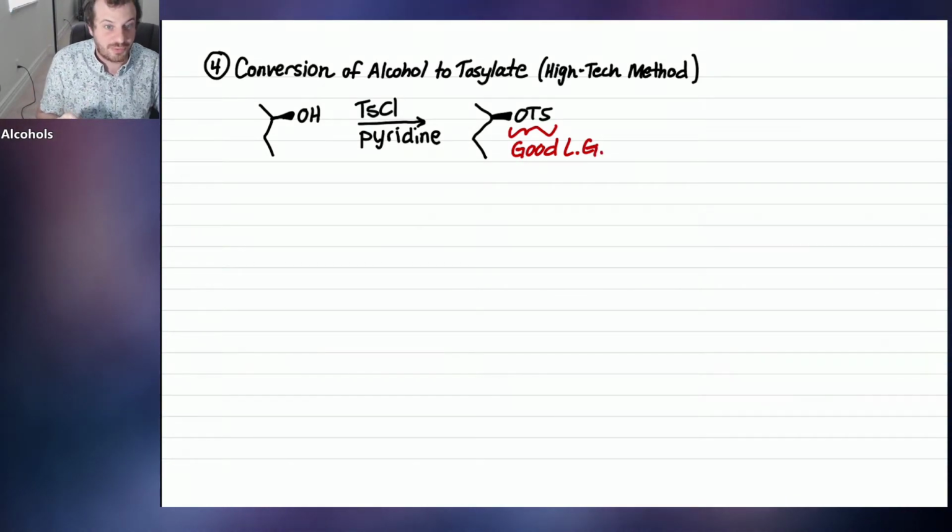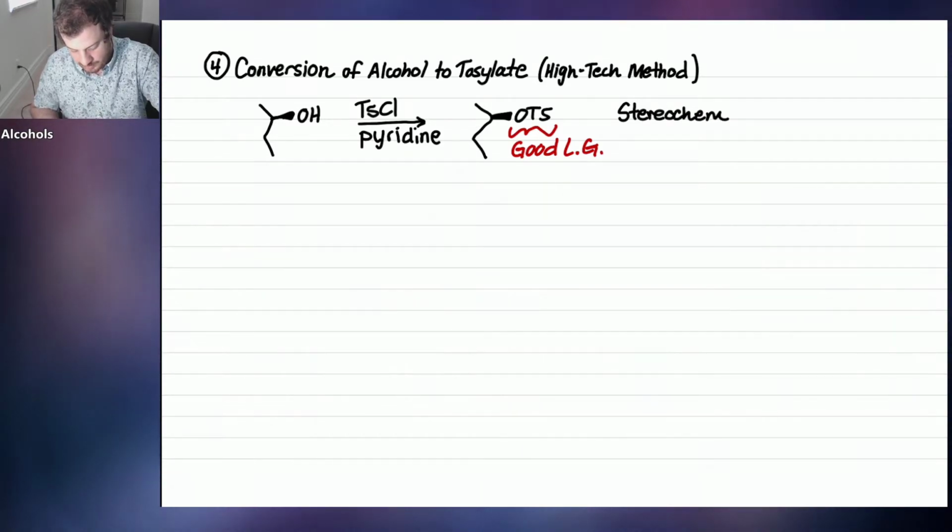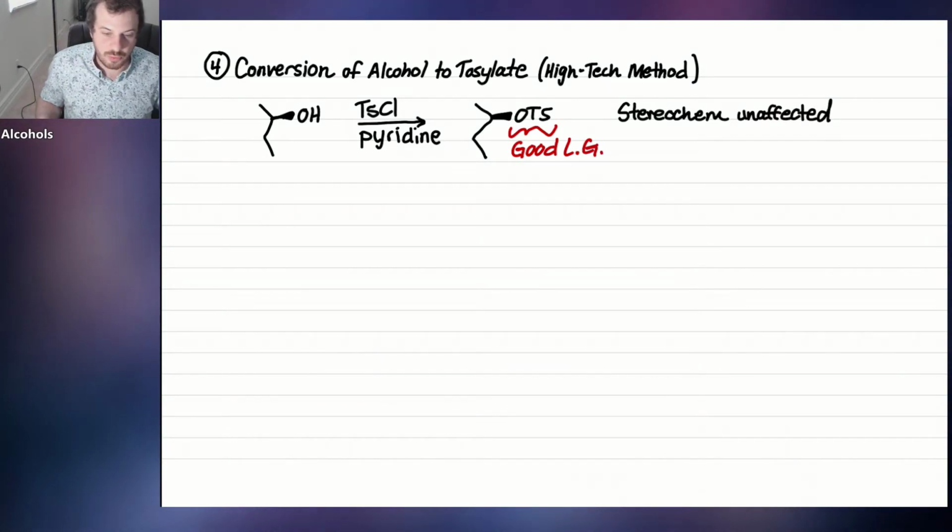But this is an example of a reaction that starts from an alcohol. And notice that the stereochemistry is unaffected. So if your alcohol was a wedge, it will stay a wedge when it turns into the tosylate. And I realize we are still just on reaction number 3.